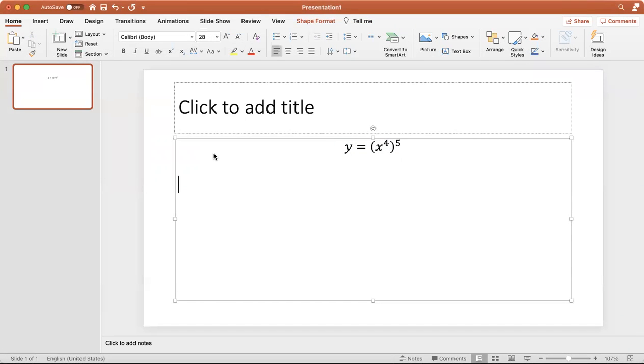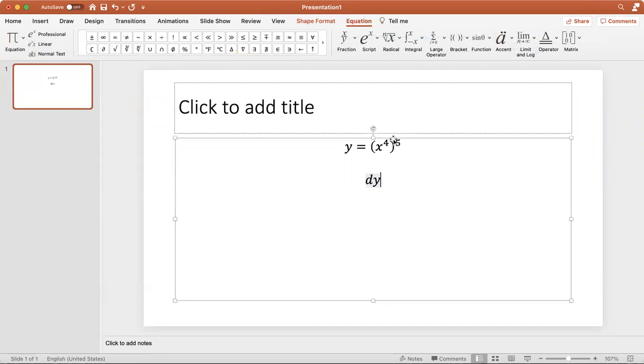Now, if you're asked to get the derivative of this function using the chain rule, first you'll have to take the derivative of the outer function, right? So if you're asked to take the derivative of y with respect to x, that's going to be dy over dx, all right?